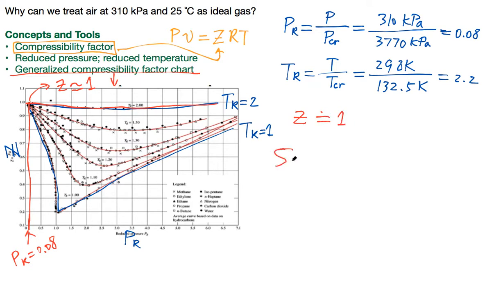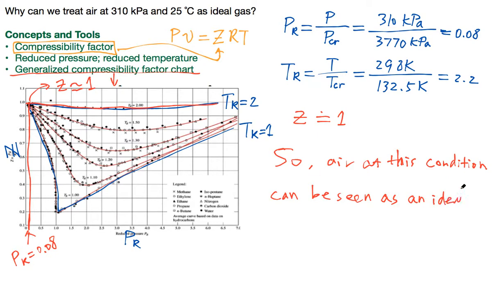So air at this condition can be approximated, can be seen as an ideal gas, because its compressibility factor is very, very close to 1.